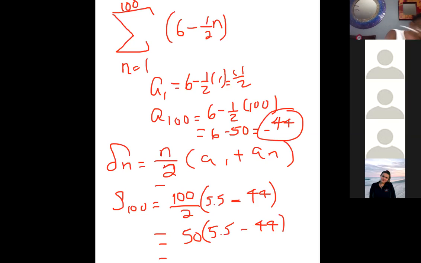All right. There we go. And so what did you guys get for it? All right, let me see here. Negative 1925. Is that right for the first problem with the 100? With the 100.